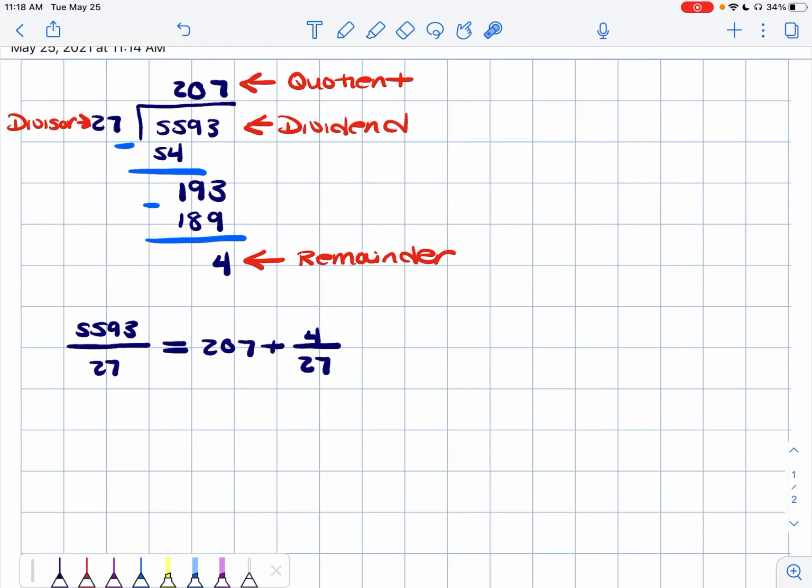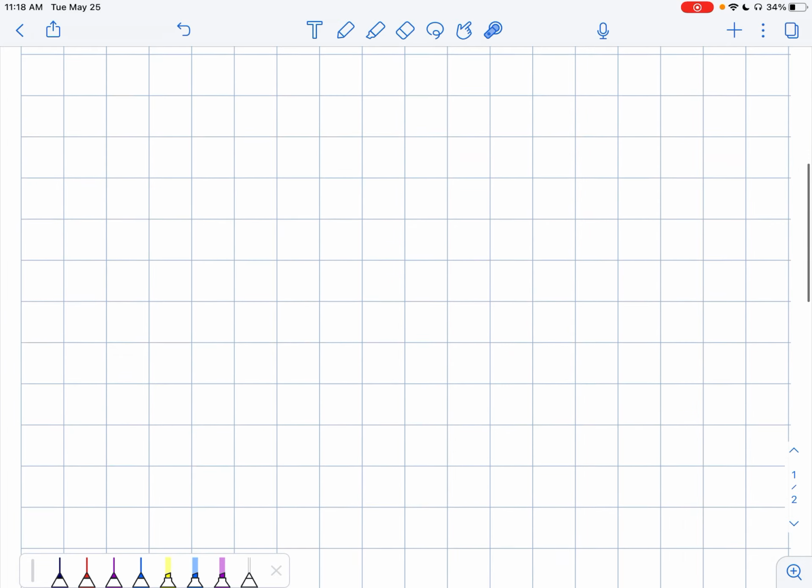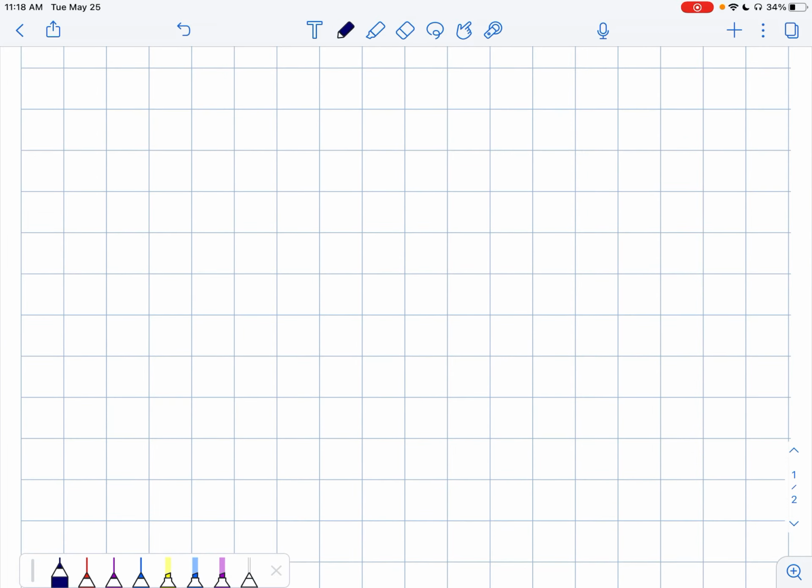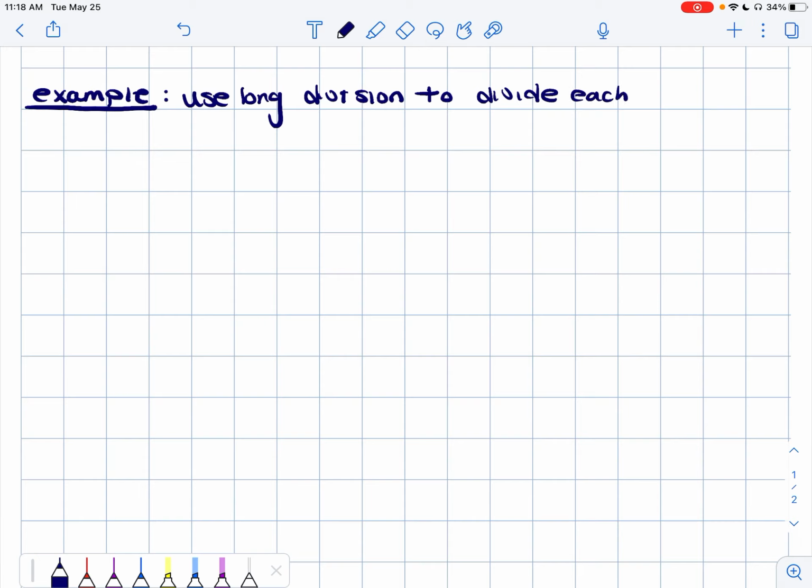Now we can apply these same steps to polynomial functions in order to divide polynomials. So let's go ahead and let's look at another example. Okay, so let's use long division to divide the polynomials.